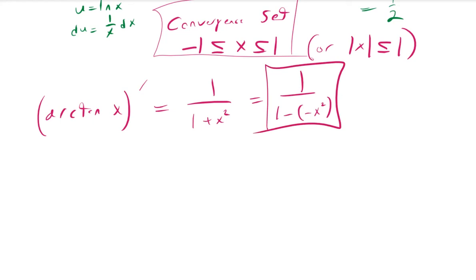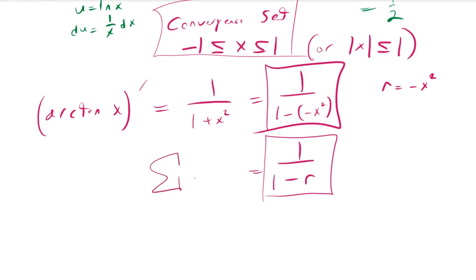Particularly if I say that r is equal to -x squared, 1 over 1 minus r. This is the result of a geometric series, the geometric series of r to the n minus 1 power from 1 to infinity. That's the result of that geometric series.